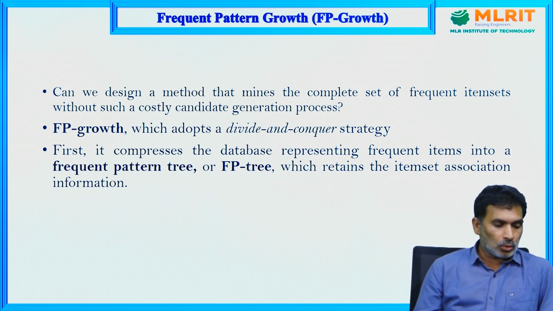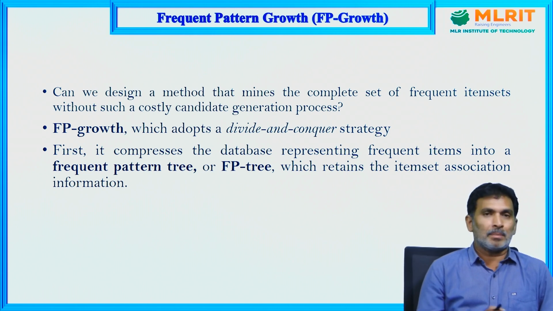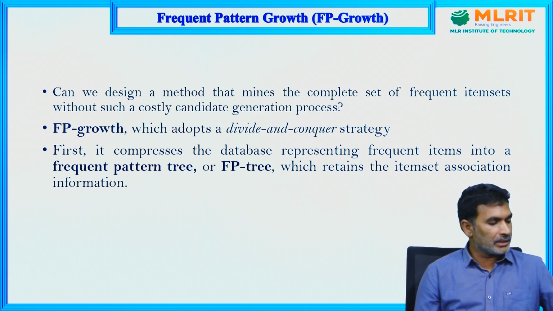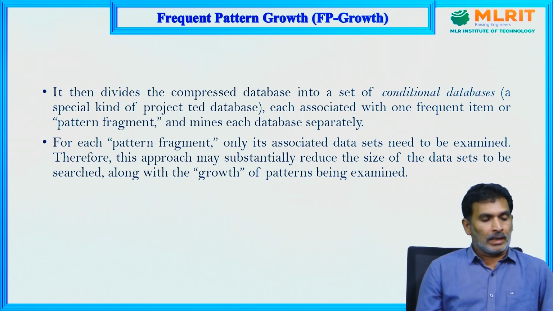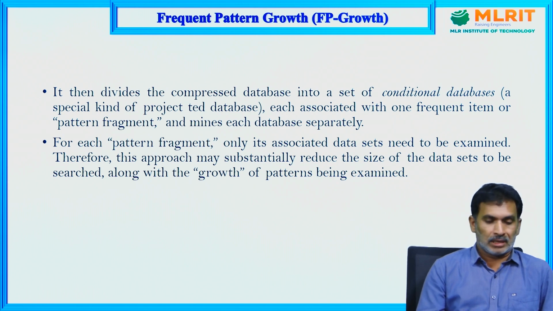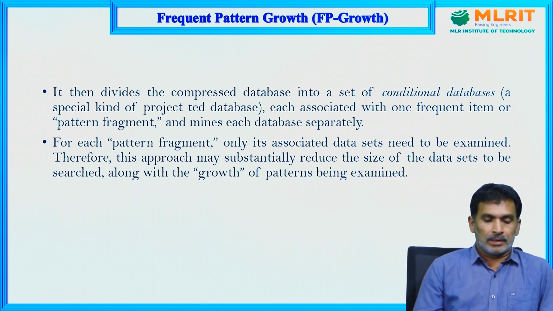FP growth adopts a divide and conquer strategy. First, it compresses the database representing the frequent item sets into a frequent pattern tree, or FP tree, which retains the item set association information. It then divides the compressed database into a set of conditional databases, a special kind of projected database, each associated with one frequent item or pattern fragment, and mines each database separately.